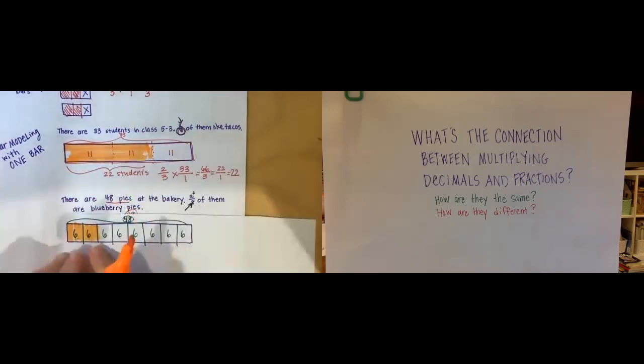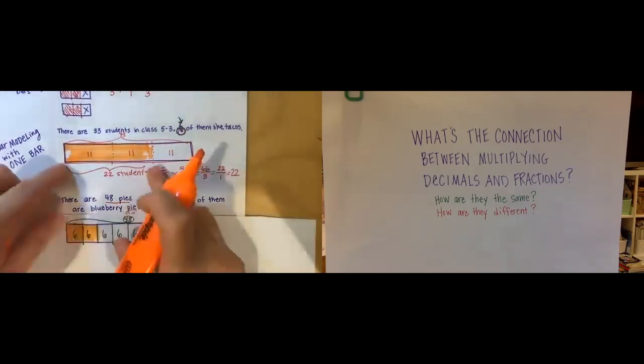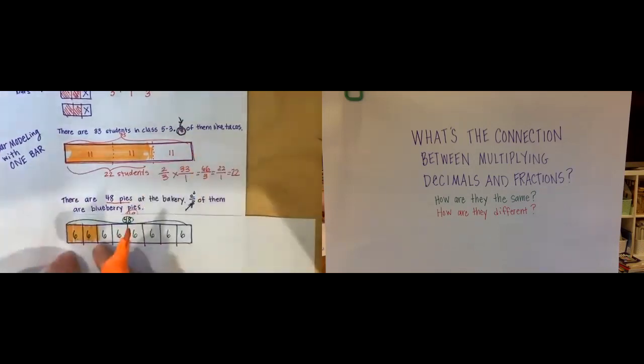Okay, so you can see now 2/8 is so much smaller than 2/3, right? Because the pieces of eighths are smaller. So 2/8 of 48 equals 12. 12 pies.